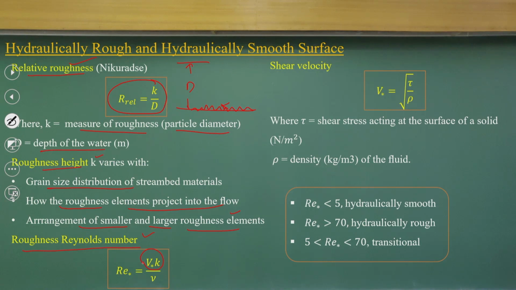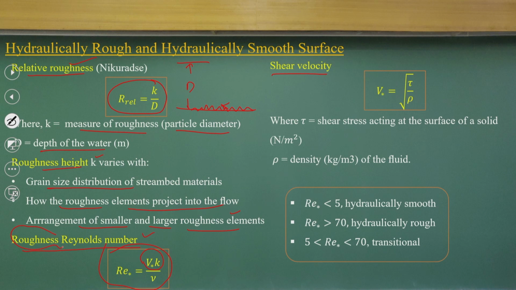It is a shear force expressed in units of velocity, to make it a non-dimensional form of the Reynolds number, the roughness Reynolds number, defined in terms of the shear velocity.